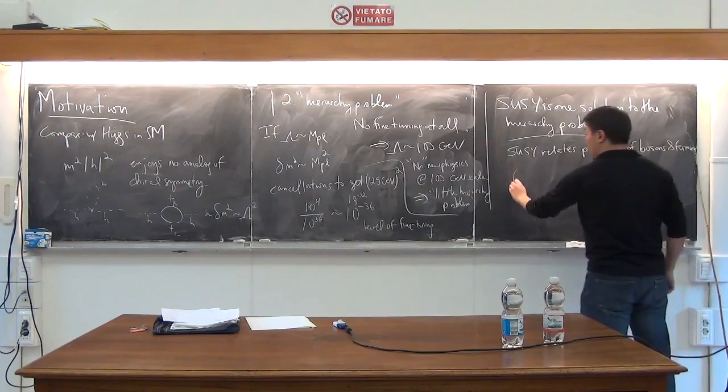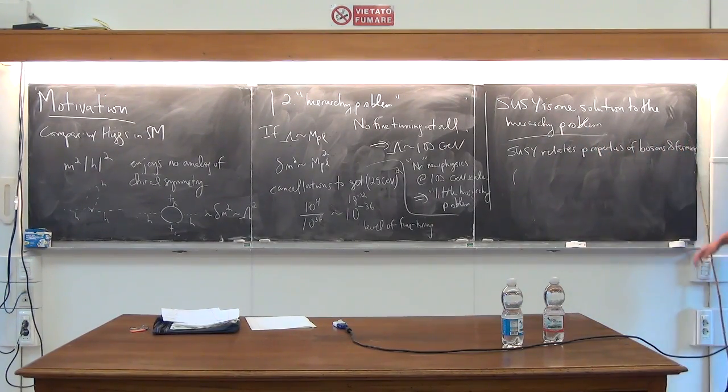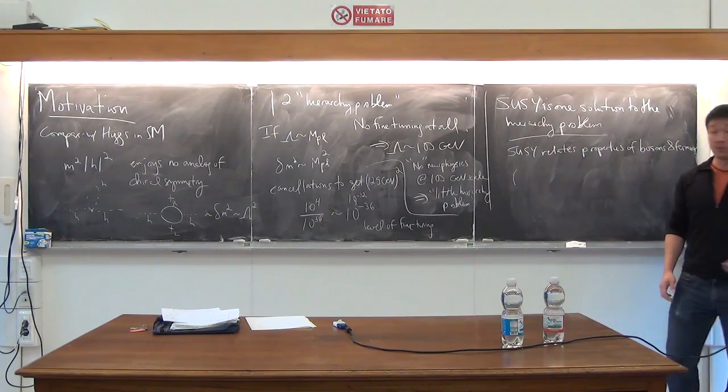So within the limit of exact supersymmetry, any property that a fermion enjoys, other than of course its spin, the boson will also enjoy that property. That's an implication of supersymmetry.